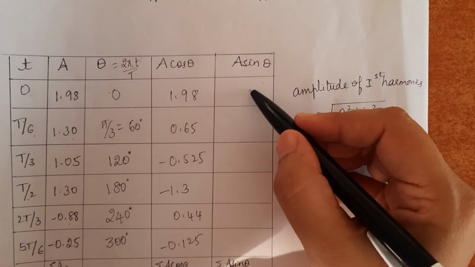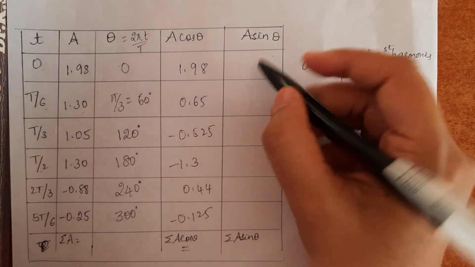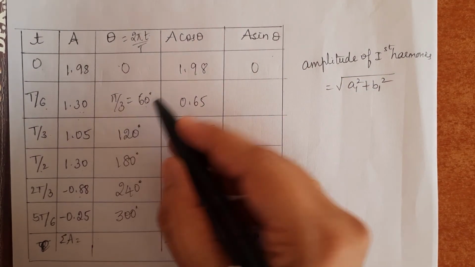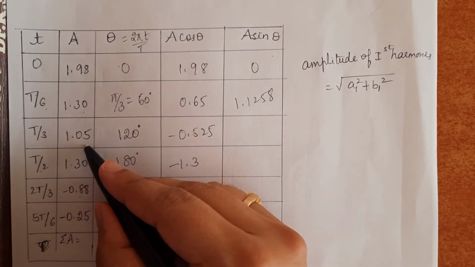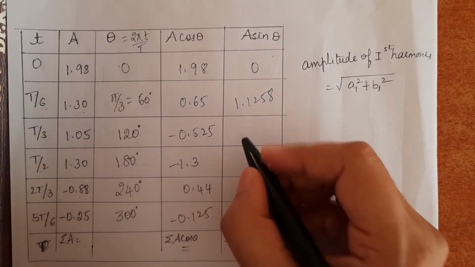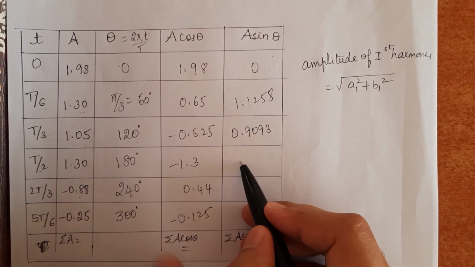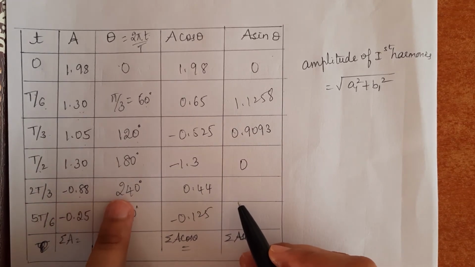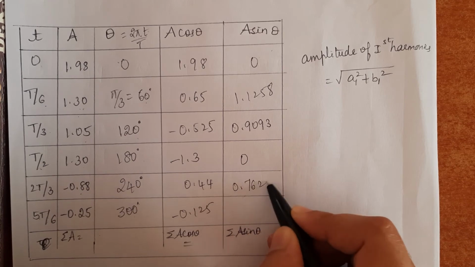Similarly, let us calculate the A sin theta column. 1.98 into sin 0 is 0. 1.3 into sin 60 degree is 1.1258. 1.05 into sin 120 degree is 0.9093. 1.3 into sin 180 degree is 0. Minus 0.88 into sin 240 degree is 0.7620.